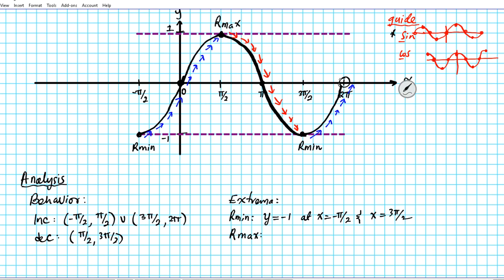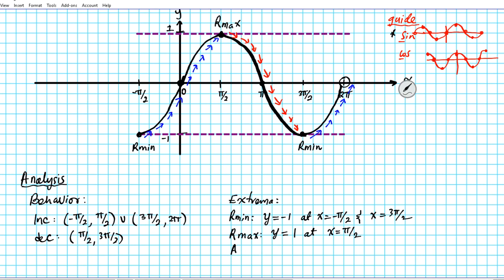This other point could have been a relative maximum, but since it's an open circle, it has to be excluded. So we have only one relative maximum, and the value is y equals 1, and it happens at pi over 2. So there goes your relative max.